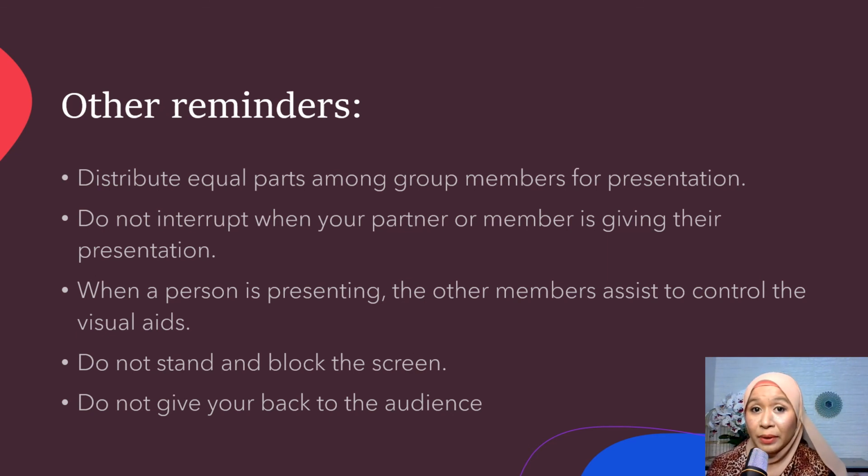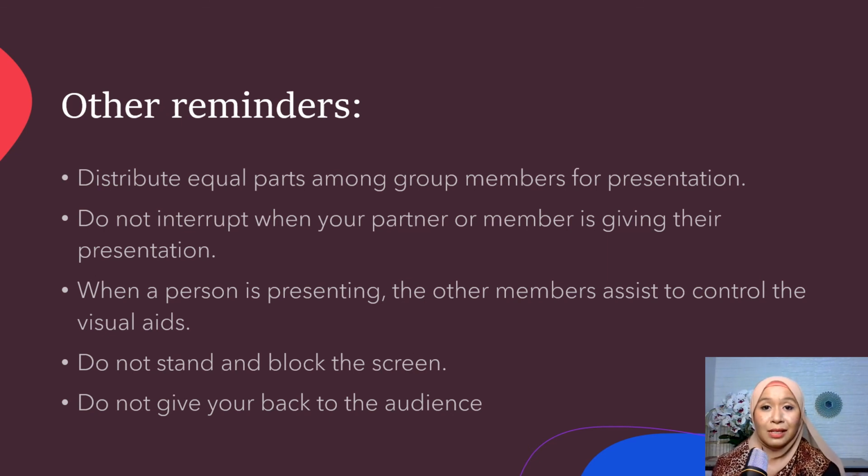So this happens when you keep on looking at your slides on the screen. So don't do this. If you're reading from your slide, then you're giving your back to the audience, which is inappropriate for an oral presentation because your audience should be facing you and not your back.